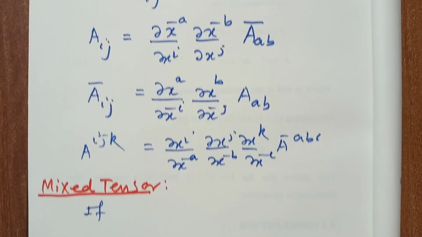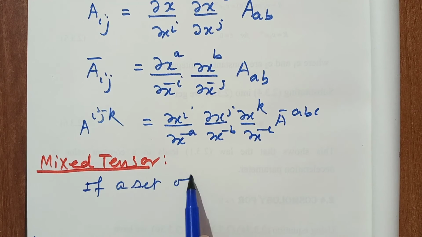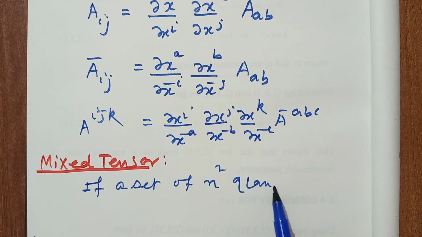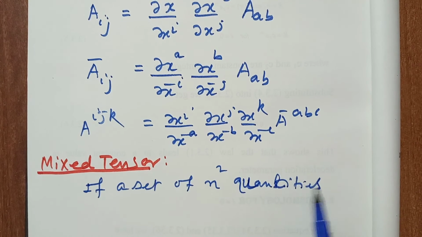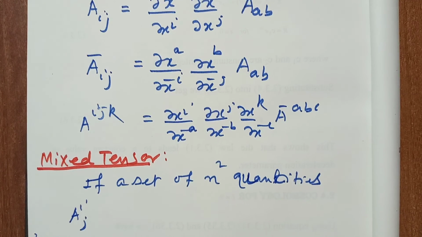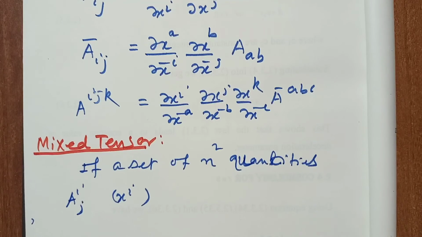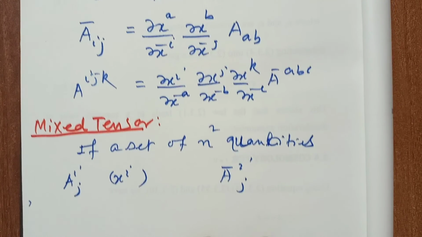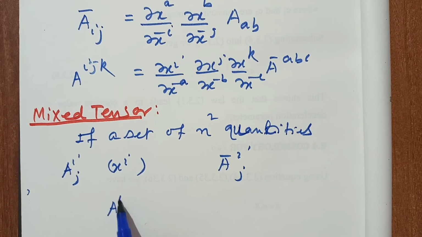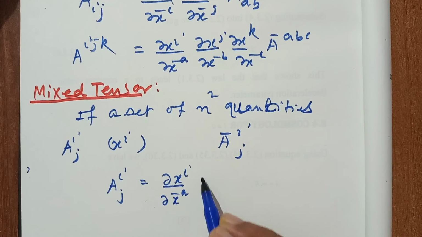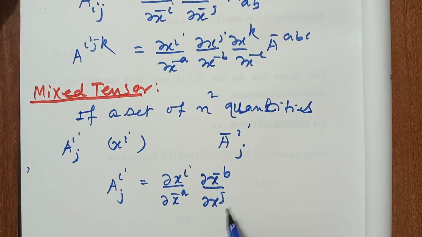If a set of n square quantities A^i_j in a coordinate system x^i are related to another n square quantities A bar^i_j, then A^i_j are called components of a mixed tensor if they satisfy the following transformation rule: A^i_j is equal to del x^i upon del x bar^a and del x bar^b upon del x^j, A bar^a_b. Okay, so this is very easy.